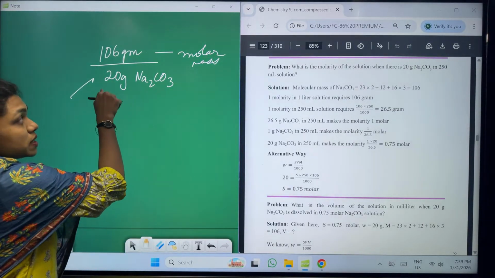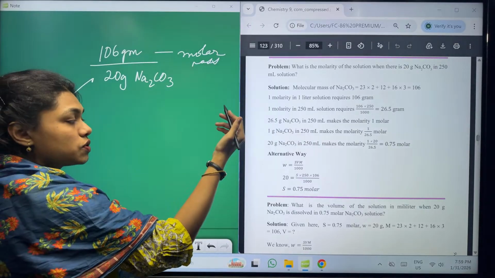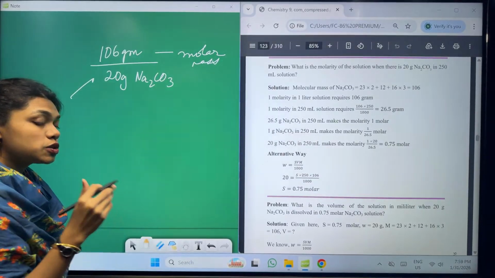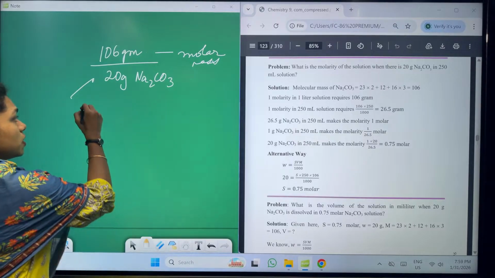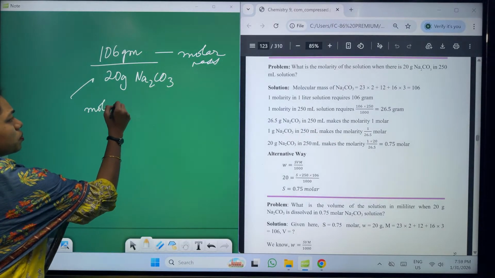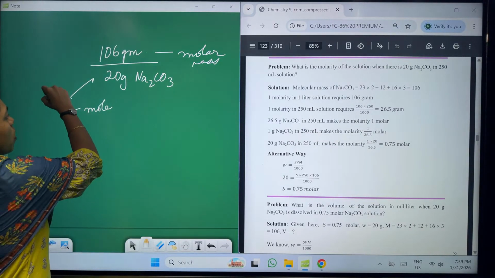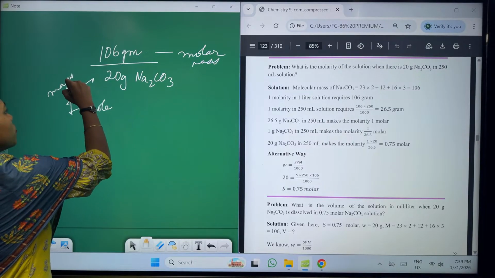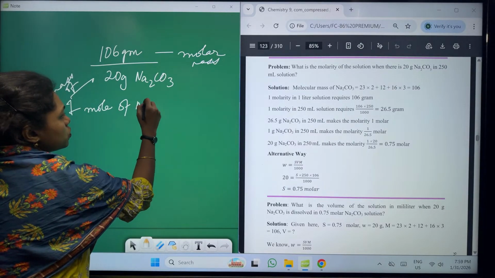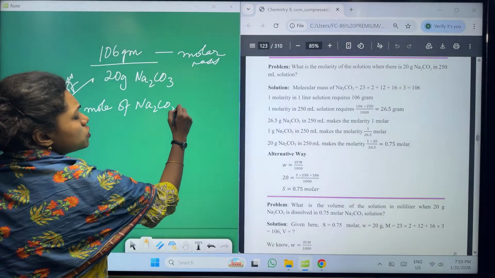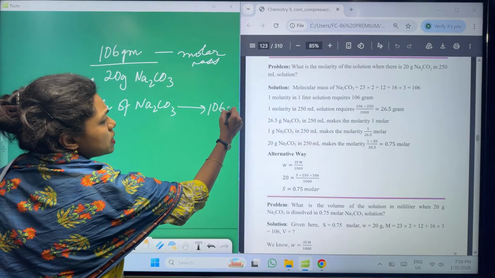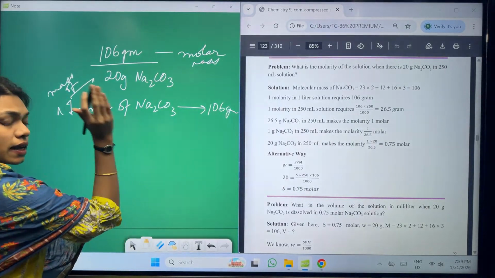So now we have 20 gram of Na2CO3. Let us calculate how much mole of Na2CO3 we have. If the mass of 1 mole of Na2CO3 is equal to 106 gram, I can reverse that.